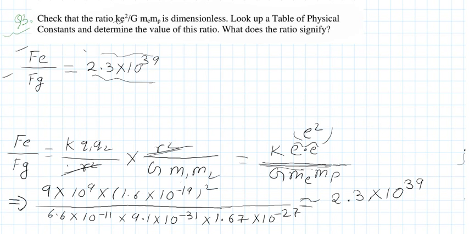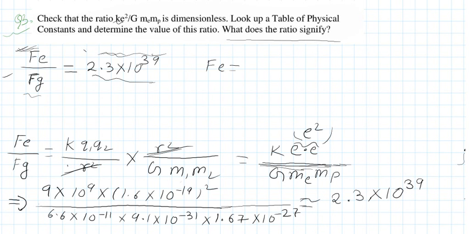And what does the ratio signify? आखिर ये रेशियो हमको बताता क्या है? ये रेशियो देखने से हमको पता चल गया that electrostatic force is much, much stronger in comparison to the gravitational force. So the electrostatic force is much stronger than the gravitational force. How much?